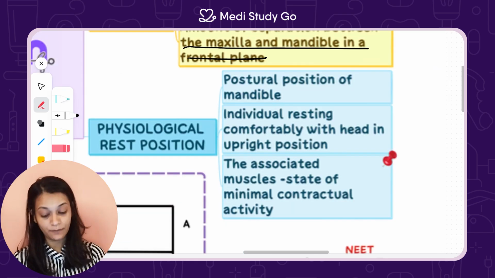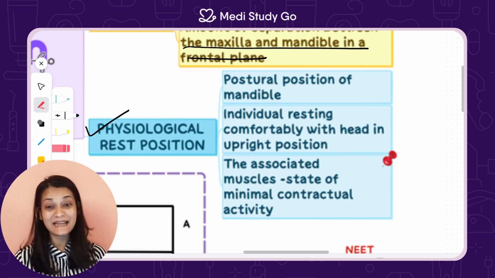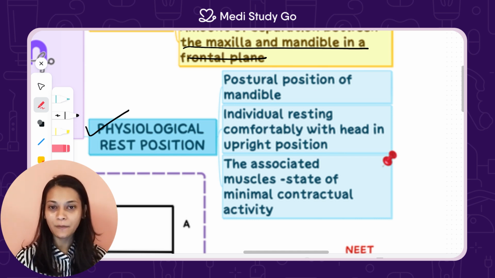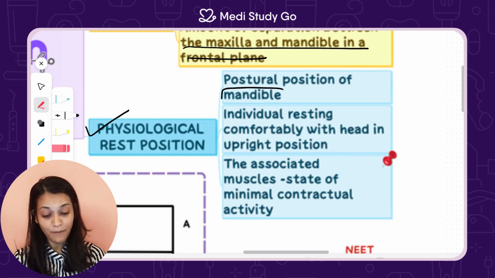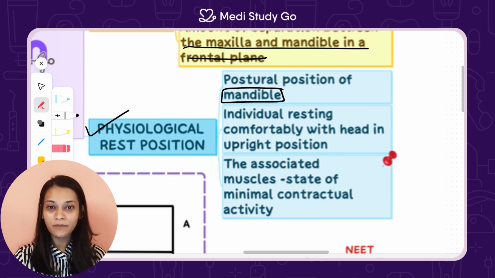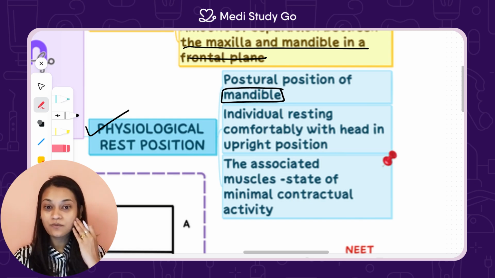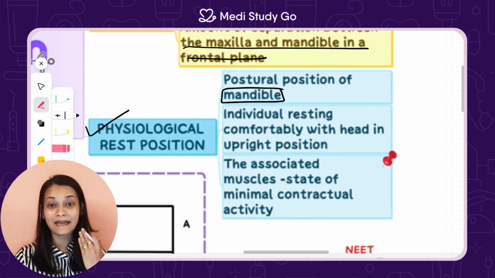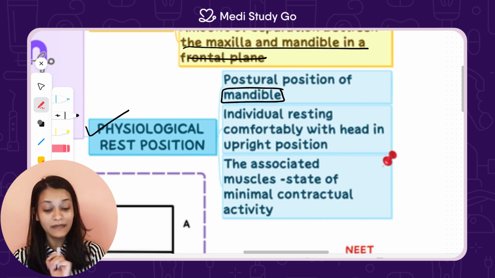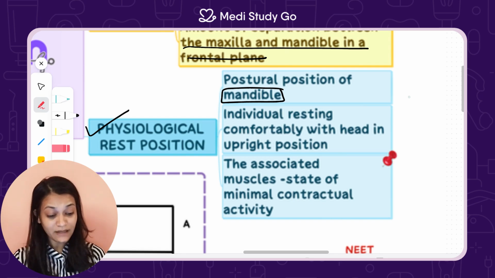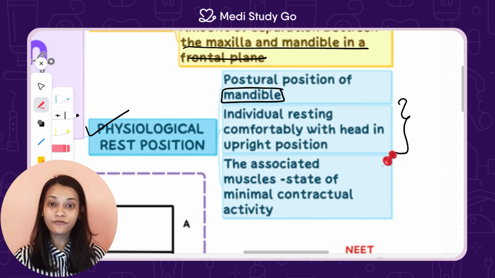Now there is a term, physiological rest position. What is meant by it? It is nothing but the postural position of your mandible. Mandible is the movable joint, right? Mandible can retrude back, can be protruded. So the postural position of the mandible will be determined. It is when the individual is resting comfortably with head in upright position.